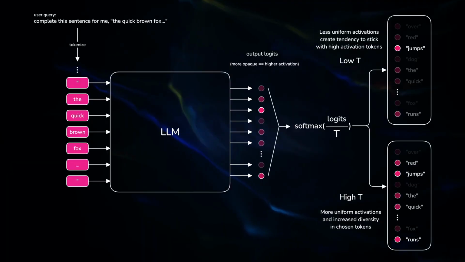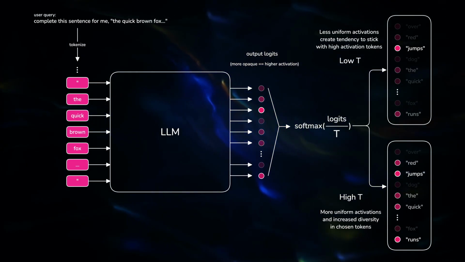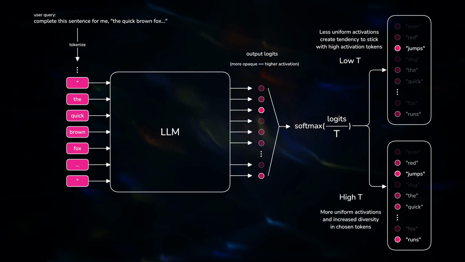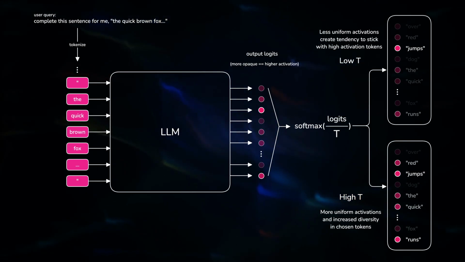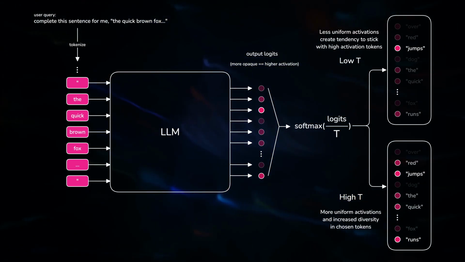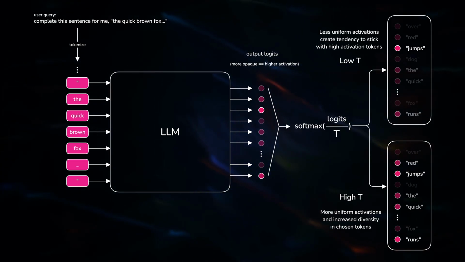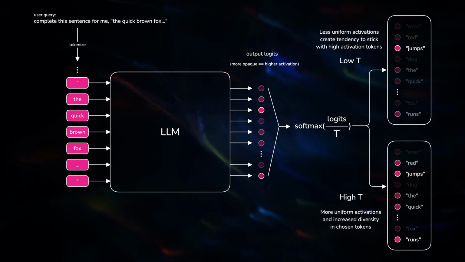The temperature setting basically controls the randomness of the output of your LLM. The way that it works is when an LLM is predicting the next token or next word in a sequence, it'll provide a probability for all of the tokens within the LLM's knowledge base, or what the LLM has been trained on. So when we set a temperature of 0, we say, you are going to give us the token with highest probability according to you.